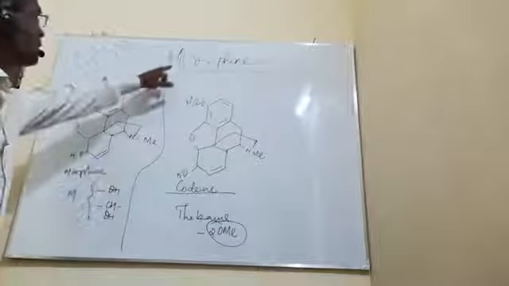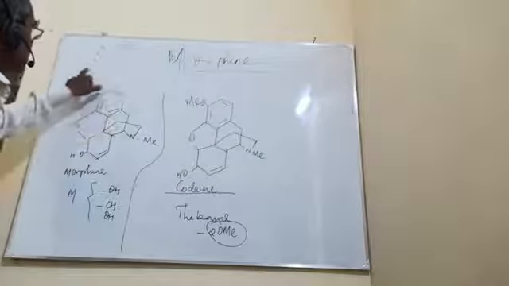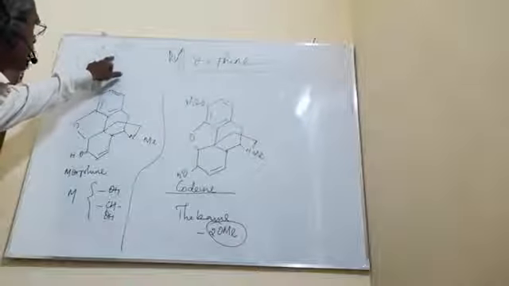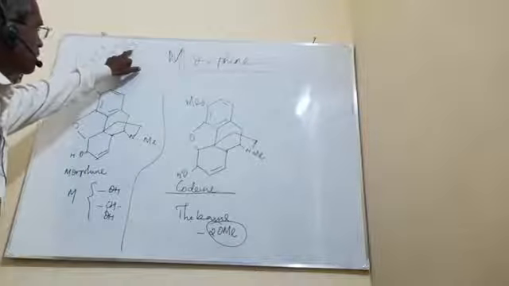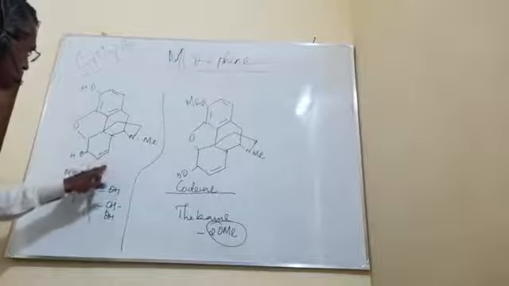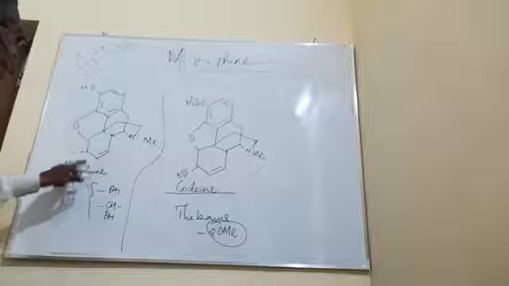The topic is morphine, its molecular formula is C17H19NO3. This is the structure of your morphine.